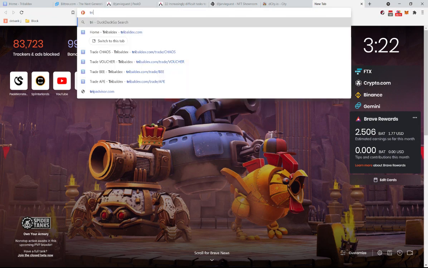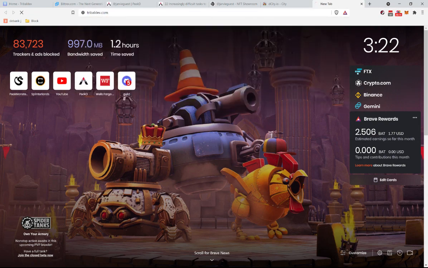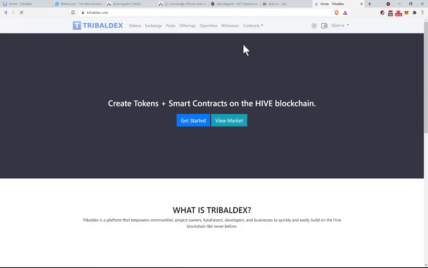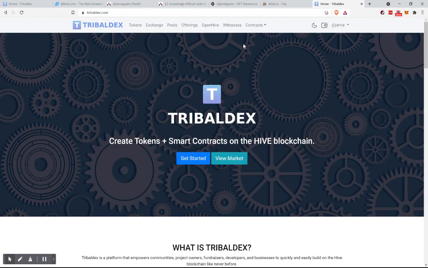Okay. So Tribal Dex is one site that you can use your Swap Hive and go crazy and buy stuff. So here, what's on our list? We wanted to swap it for something else like SPS and DEC. Or some other random Bitcoin or Doge.